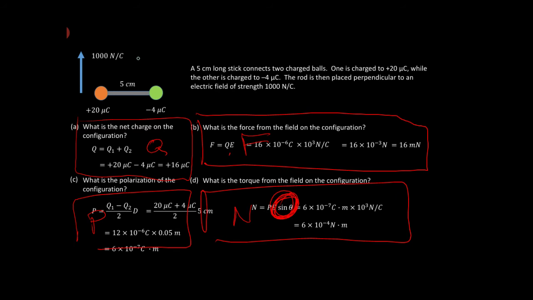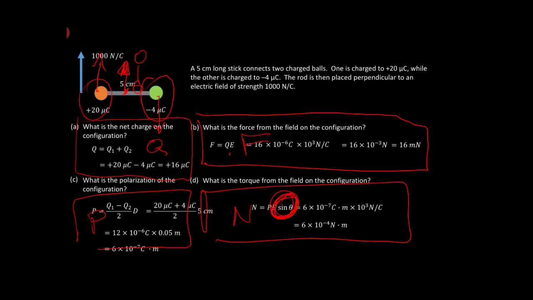That is, if the dipole was aligned with the field, it wouldn't feel any torque. So the torque changes as this rotates, but it's going to induce a rotation, right? The field is going to induce a rotation. It's pulling this guy this way, and it's pushing this guy that way. And it's going to pull the entire thing this way because it's unbalanced.